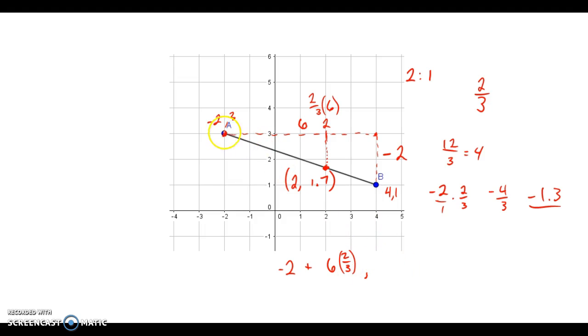The y coordinate is going to be the original 3, plus I went down 2, so it's -2 times 2/3. And like I said, we can change these into decimals, just doing 2 divided by 3. And that's going to give me my same coordinates of 2, 1.7. Like I said, that's rounded off.